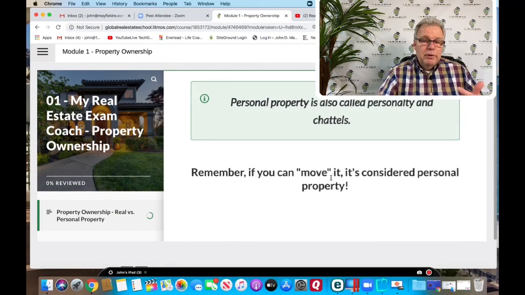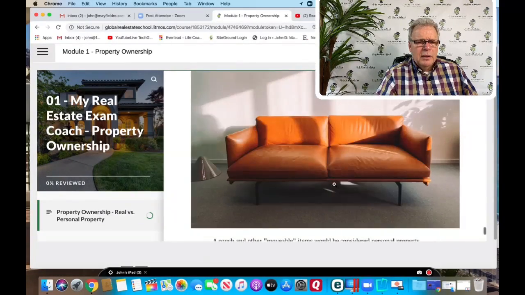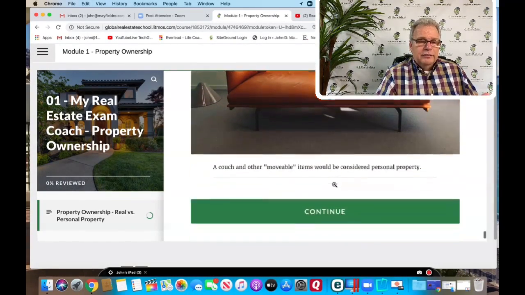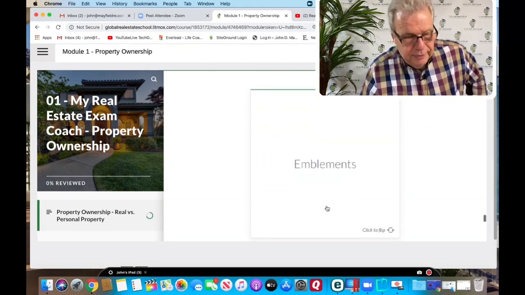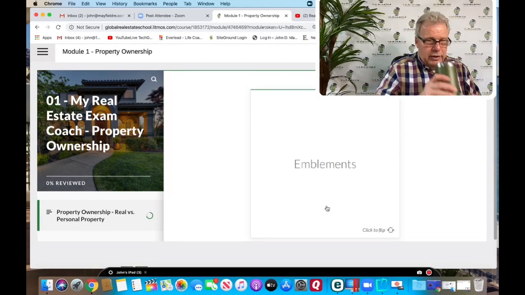Just remember, if you can move it, it is personal property. Now, another name for personal property is personalty and chattel, C-H-A-T-T-E-L, so don't forget that. You can see that right here. So if you can move it, it's personal property. I'm going to grab a quick drink of water here.